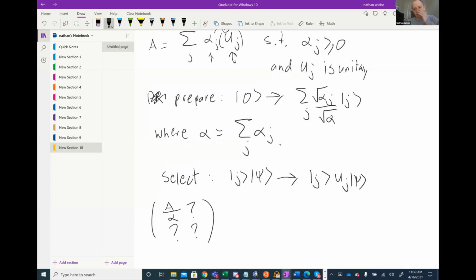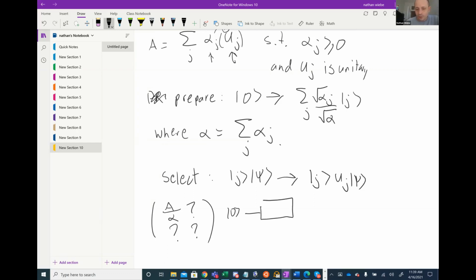Okay, great. So now, how do we do this? Well, the way we're going to do this is the following. We're going to copy the exact same intuition we had for the case of 2, but view this prepare circuit as a generalization of the Hadamard gate that I used previously, and select as the generalization of the controlled unitaries that I was using previously.